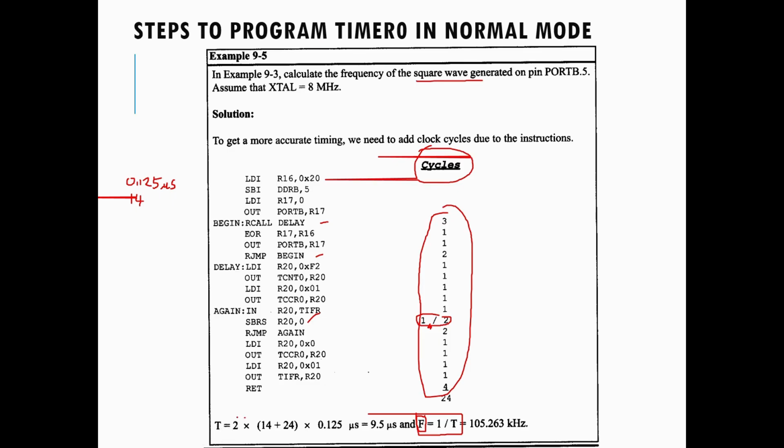So we multiply by 2. We take the total number of counts plus the total cycles, and multiply with the time delay we had initially. That gives a value of 9.5 microseconds. We use this to calculate the frequency, and for this question we get 105 kilohertz.